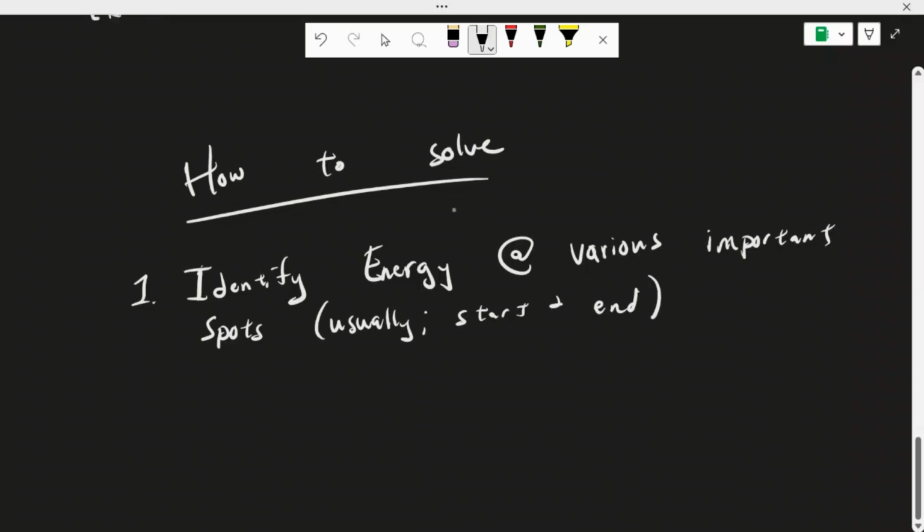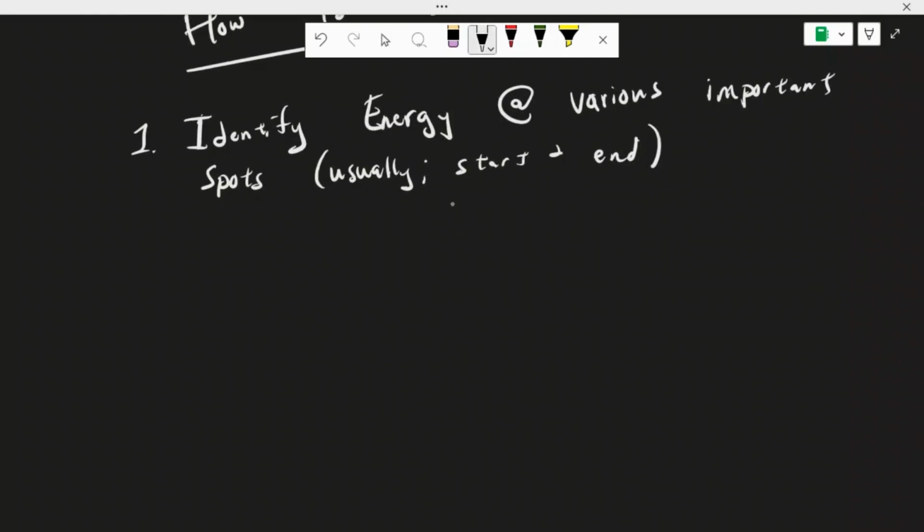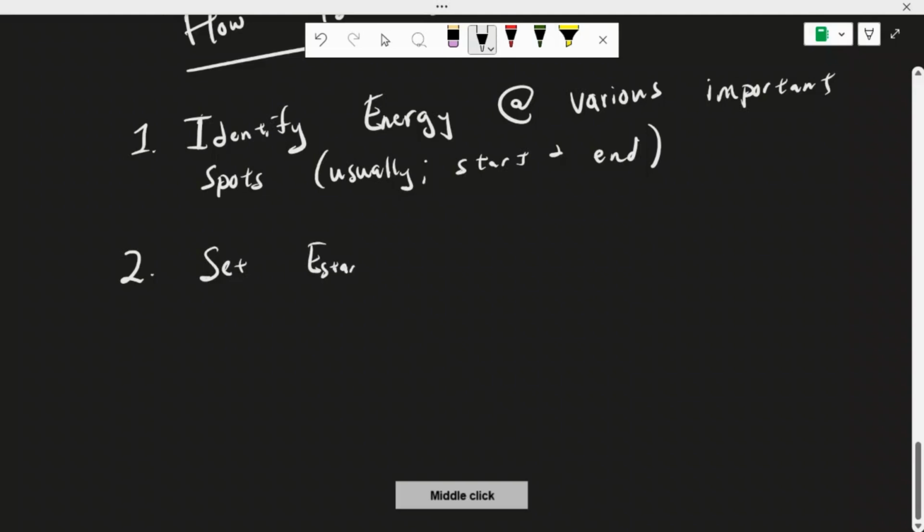Right. Then step 2, set E start equal E end equal E at whatever point.